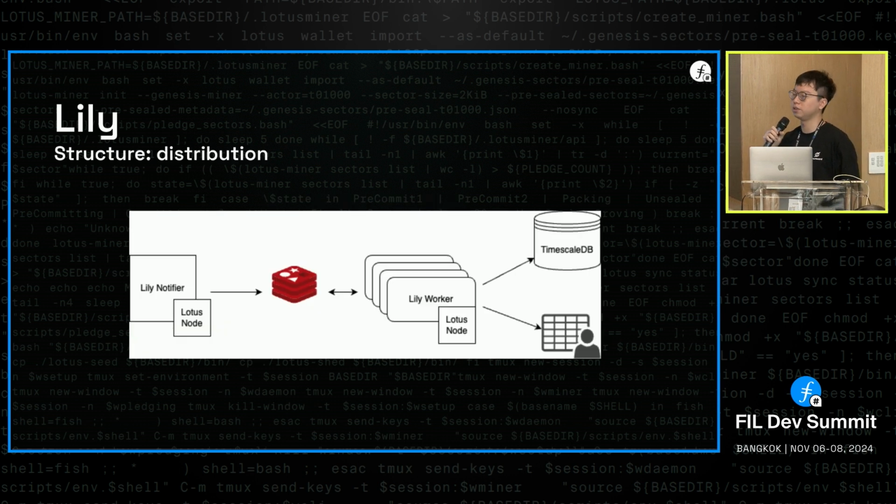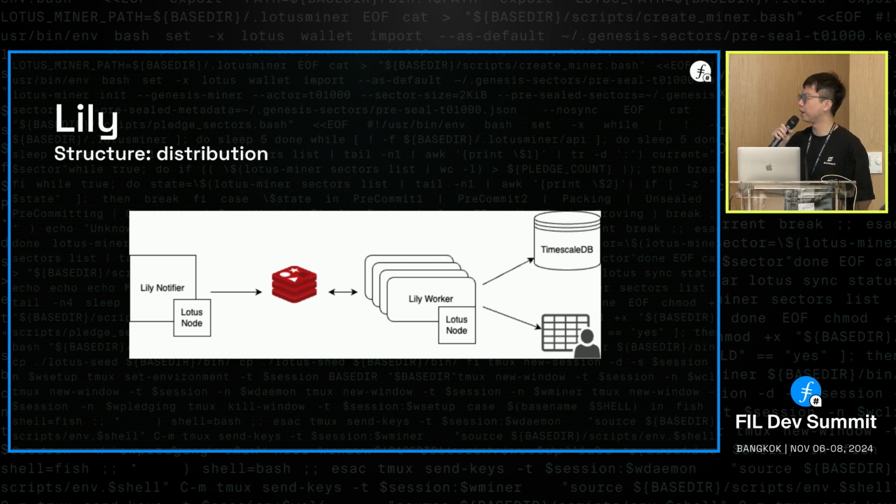But Lily has a different mode for distribution, and in this mode there are two types of Lily. One is the Lily notifier. It just catches any new block, and it dispatches the task to Redis. Then multiple Lily workers can get the task from Redis and start to extract, retrieve, and compute the data, and finally output to TimescaleDB or CSV.